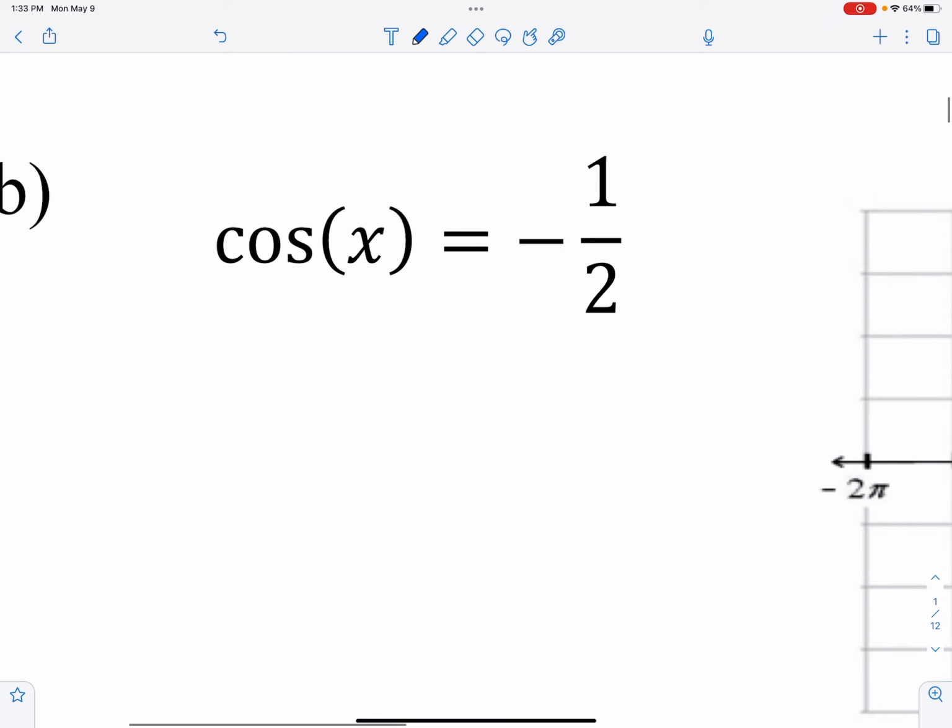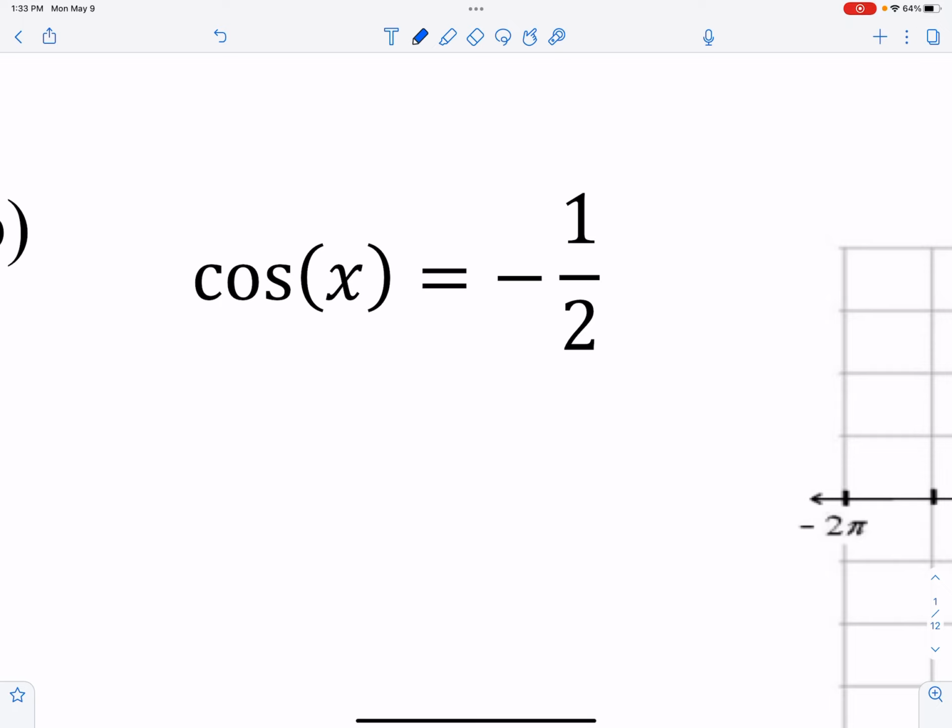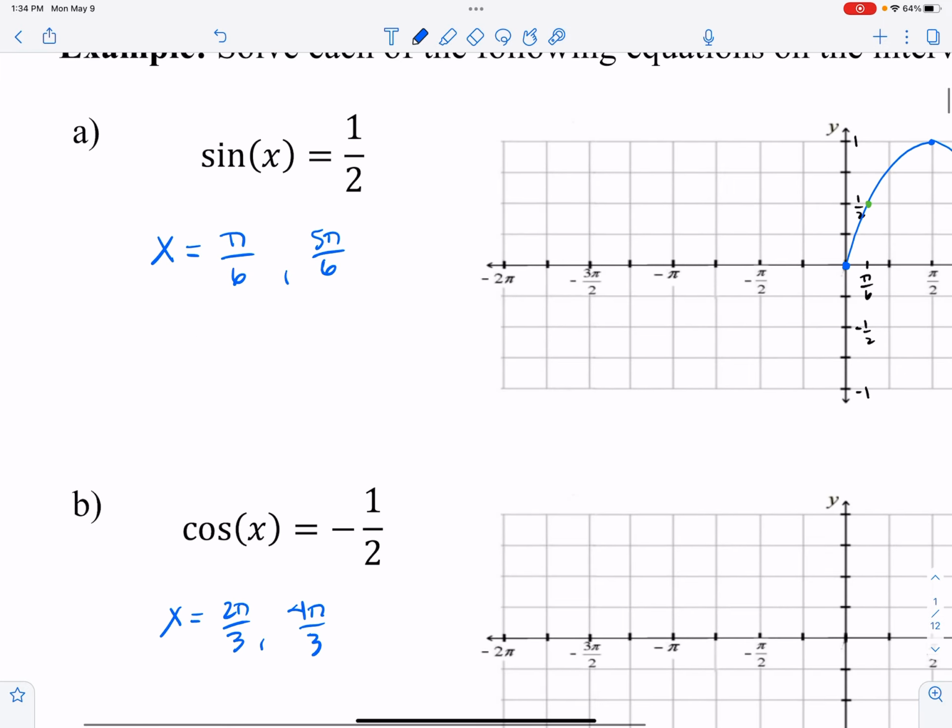And then for cosine equals negative 1/2, cosine is negative in quadrant 2 and quadrant 3. So the angle from quadrant 2 would be 2 pi over 3, and the angle from quadrant 3 would be 4 pi over 3. Okay, so just looking at these equations, thinking about the unit circle, I know that those are the solutions.